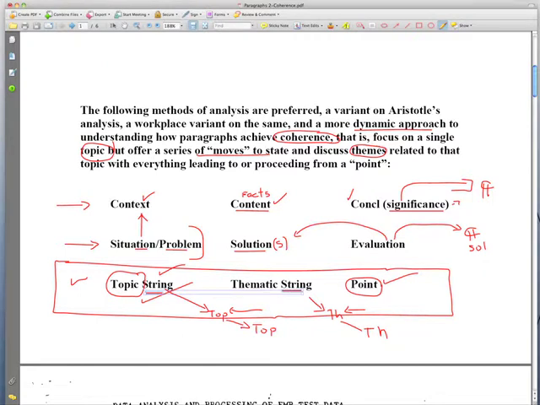That's what happens in a bad paragraph, is that things that should be topics are treated as if they are themes. Things that should be themes are treated as if they are topics. So the reader loses track of what the main topic is, the main discussion, and what the sub-discussions are that develop the topic. The point, though, is what we're trying to get to.